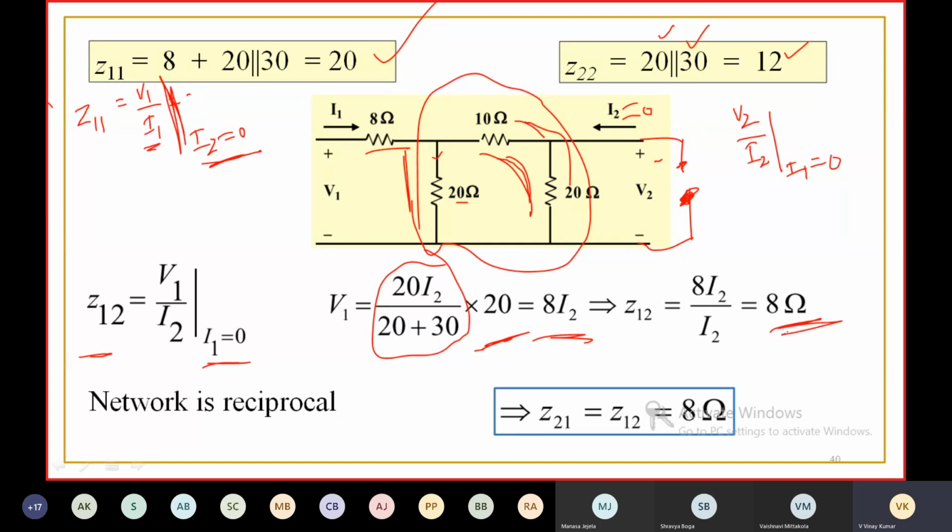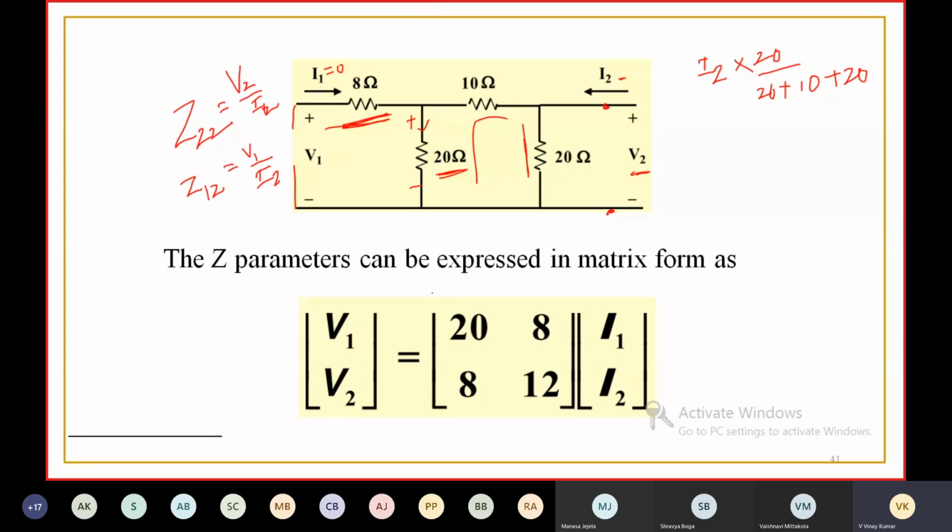You get Z12 is equal to 8. You can find the other parameters. All are complete, so we can write the Z parameters in matrix form: V1, V2 is equal to 28, 8, 8, 12 times I1, I2.